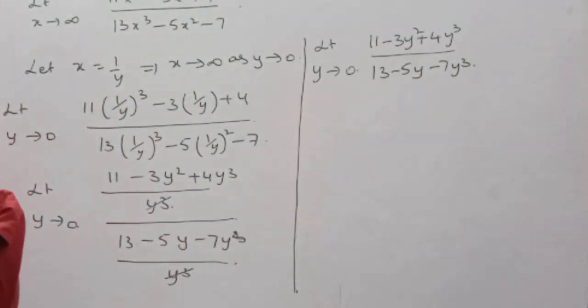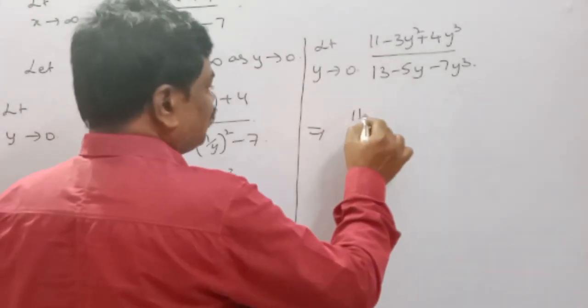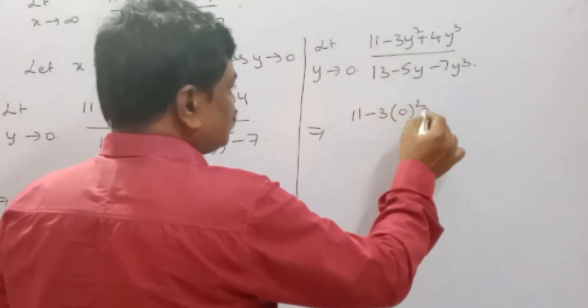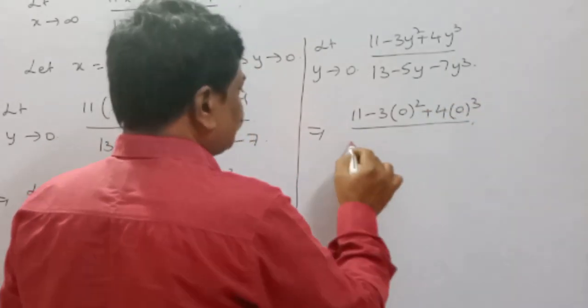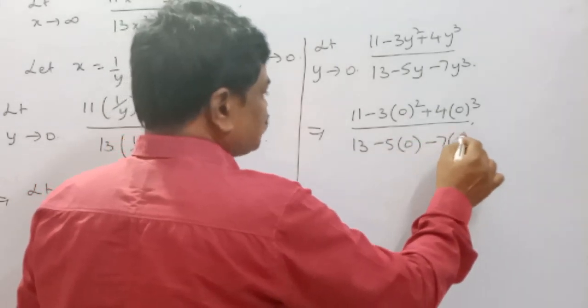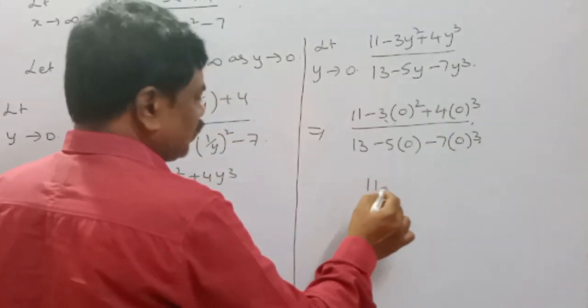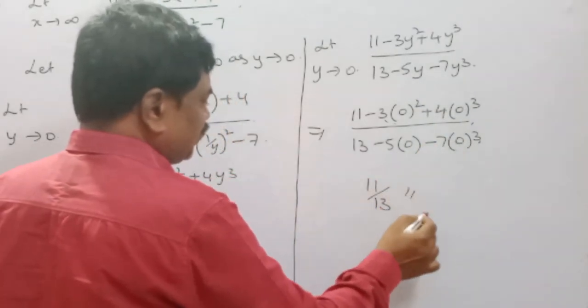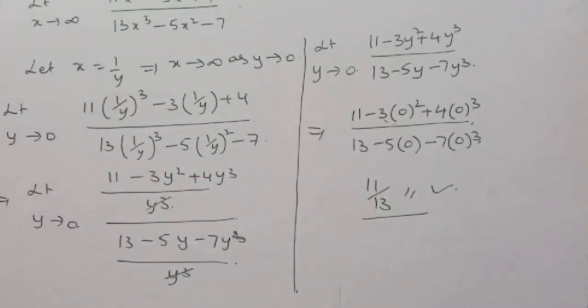Then after that, you have to substitute the limit value: 11 minus 3 into 0 square plus 4 into 0 cube, by 13 minus 5 into 0 minus 7 into 0 cube. These values are 0. This is 11 by 13. So this is the answer. That's all.